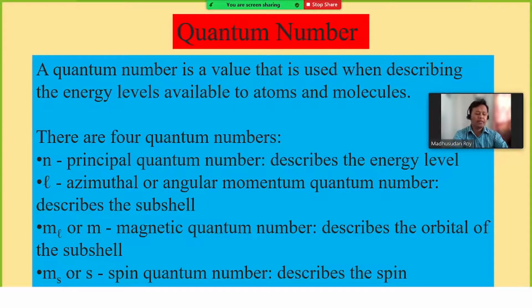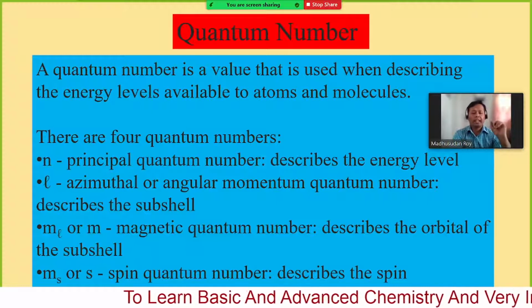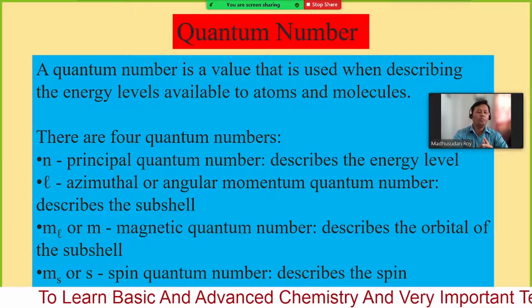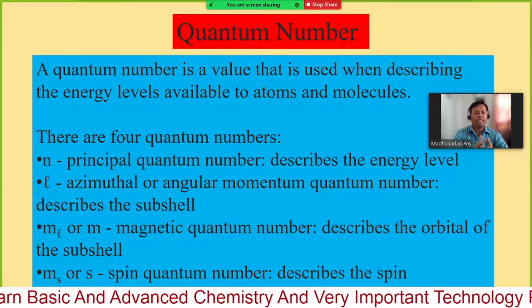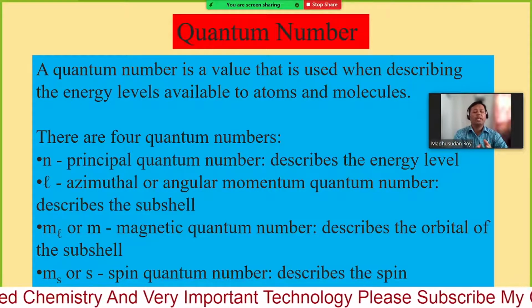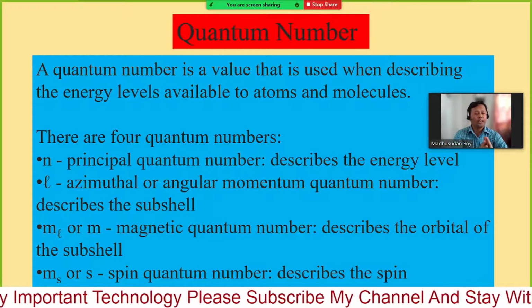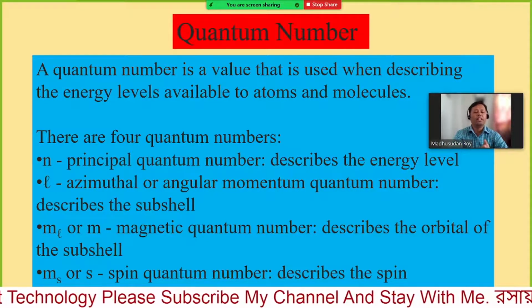In the second subshell, that means 2p, we have three different magnetic quantum numbers, defined as 2px, 2py, 2pz, in this way.